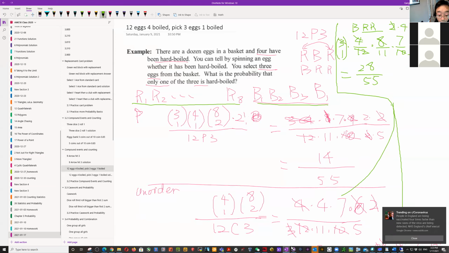So let's try to check ordered way where I did it wrong. So basically, this is how many ways we pick the boiled egg. We also task with how many way we pick the raw egg.